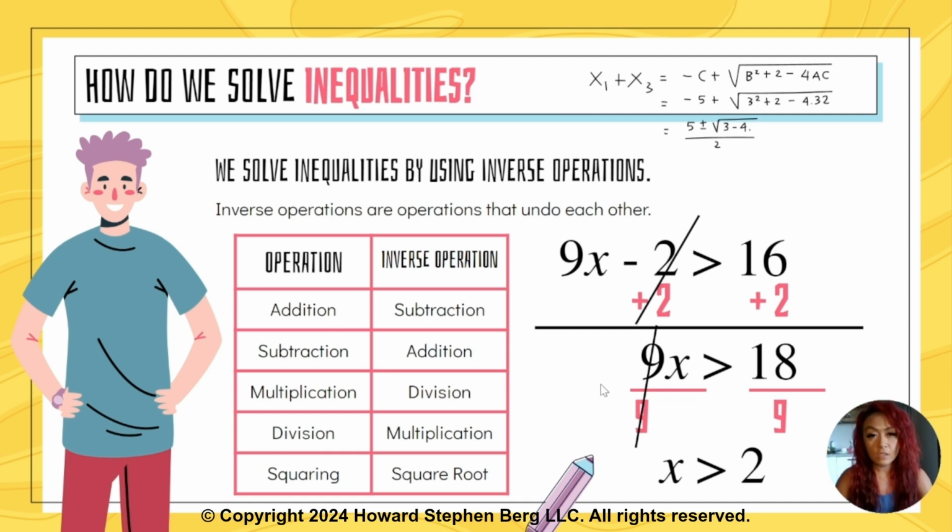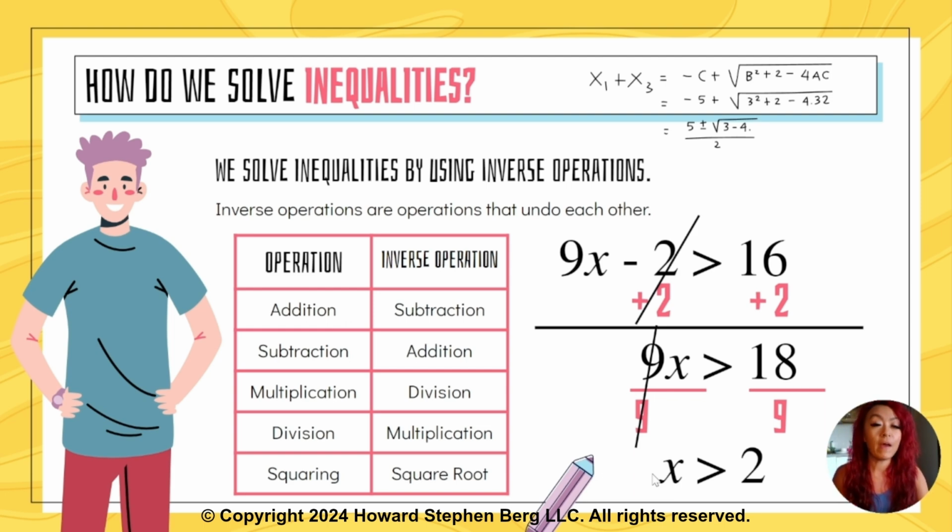So in this case, for an inequality, we don't just have a solution. We call x is greater than 2 the solution set. It's a set of solutions, right? When we had an equation and we got a solution, our variable was equal to one value. But in this case, x is all the values greater than 2.